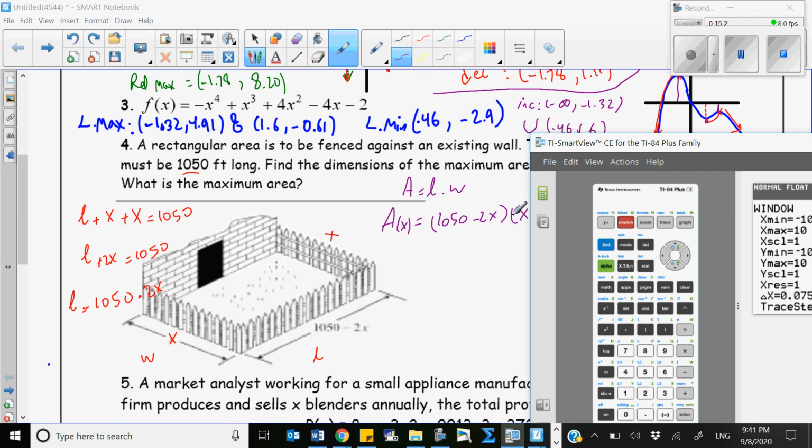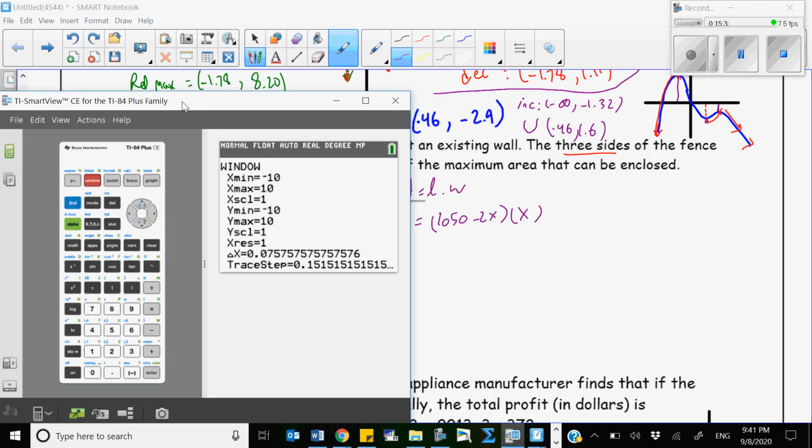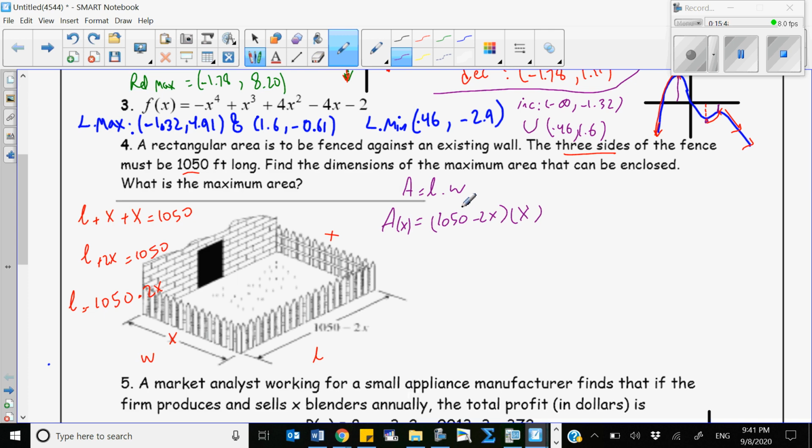I think the y value should be something really big because I have 1050 here, and it's going to be multiplied by x.